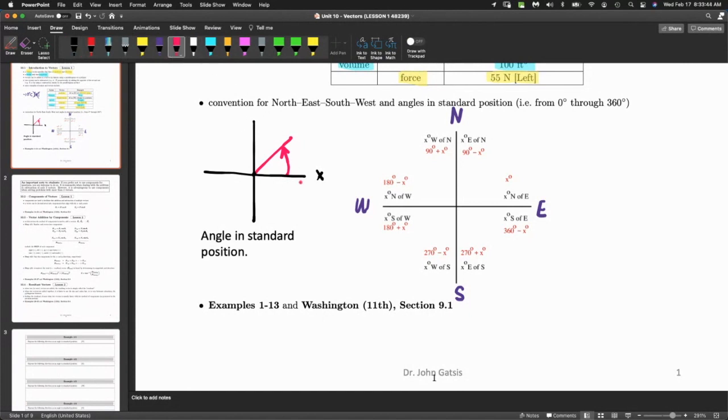That means you can assign a number to it between 0 and 360 degrees. So for example, this is 0 degrees, and as you go round counterclockwise, this is 90, this is 180, this is 270, and then you go back home again, and this would be 360, etc.